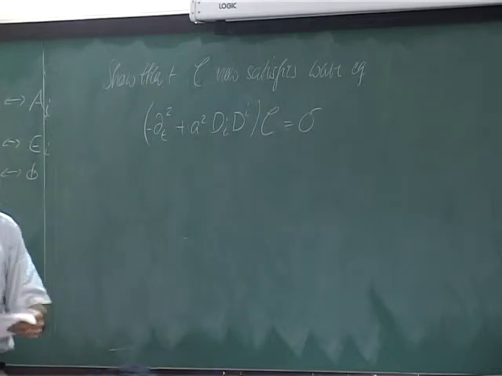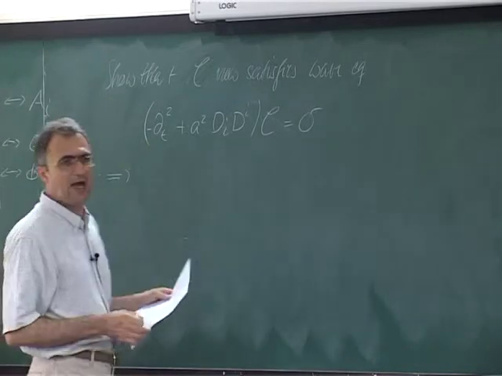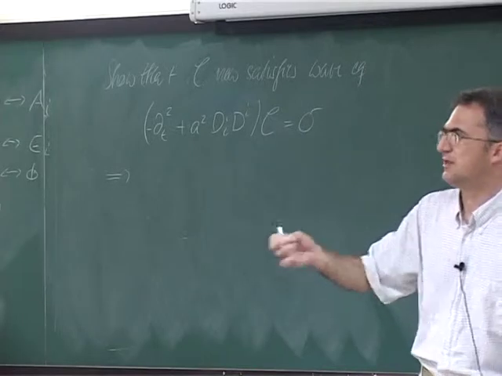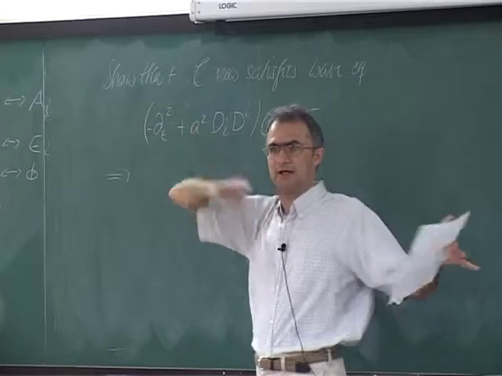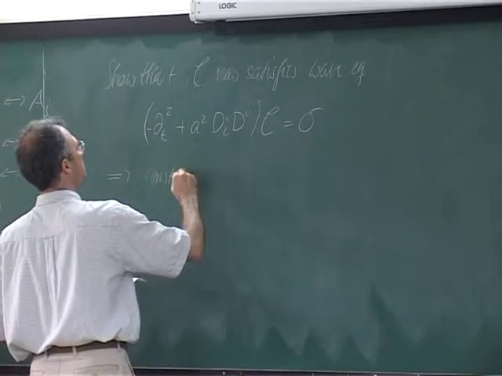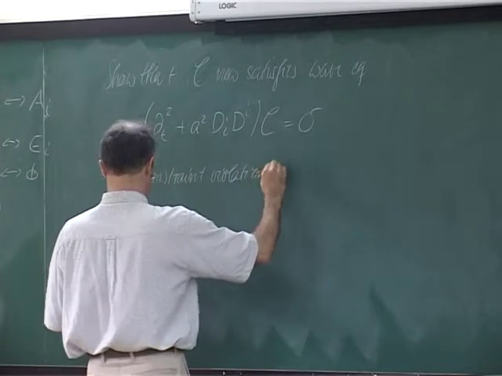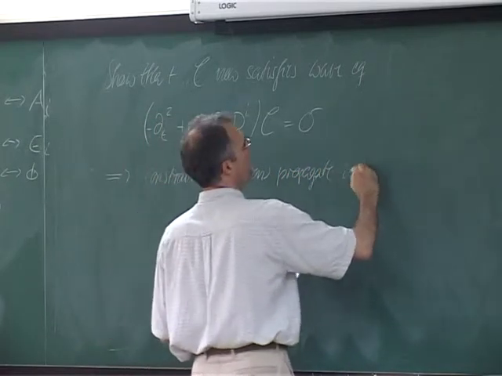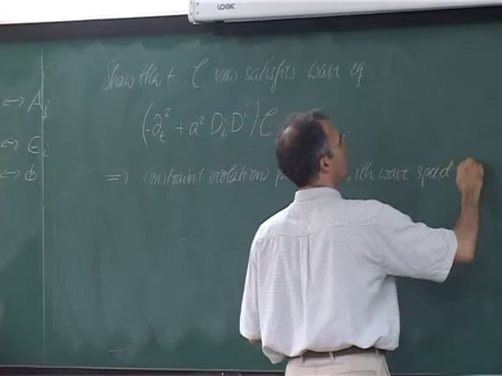So what does this tell you? What we notice is that if, in the course of a numerical simulation, we build up some constraint violation, this constraint violation will now propagate away. It will go away, unlike in the original formulation. So constraint violations propagate with wave speed a.